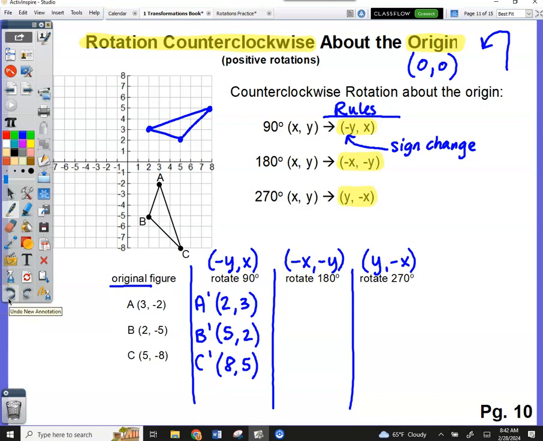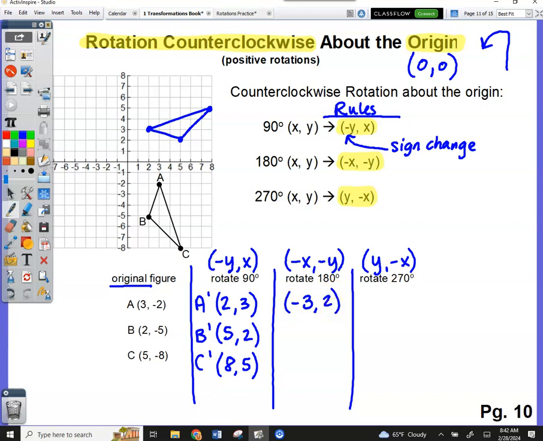What do I do? What's this tell me to do? Change the sign of both of them, right? Now don't swap, just change sign. So A double prime, or we don't even have to label it, but A double prime would be negative 3, positive 2.